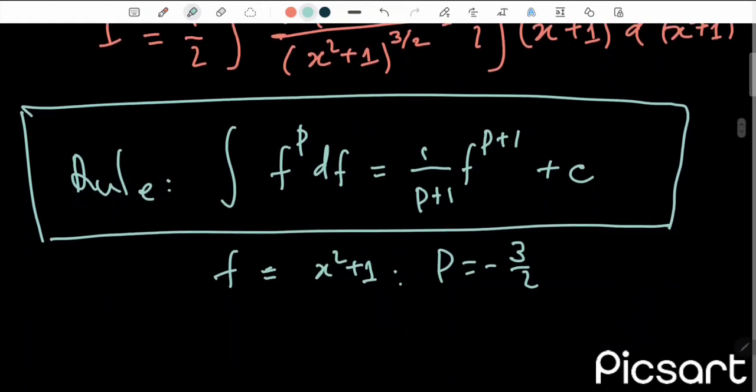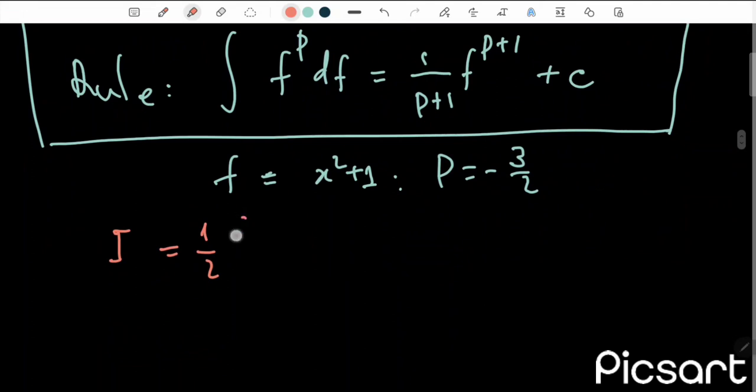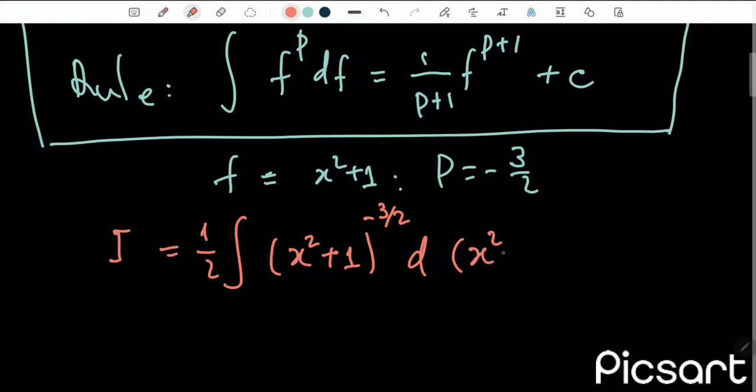We have that I will be equal to 1 over 2 integral of (x squared plus 1) power minus 3 over 2 d(x squared plus 1).